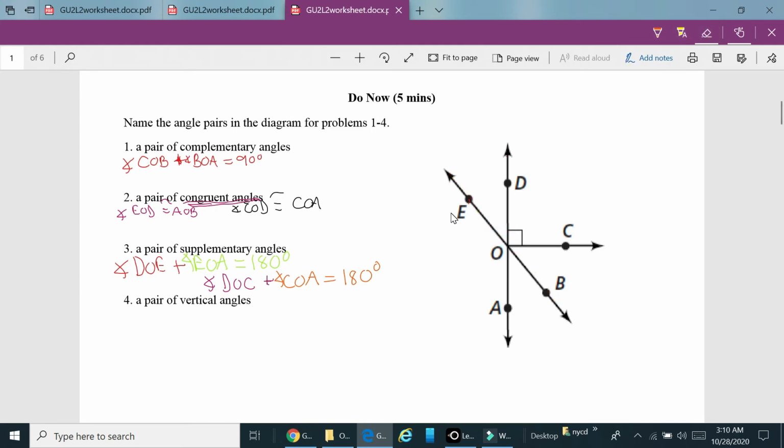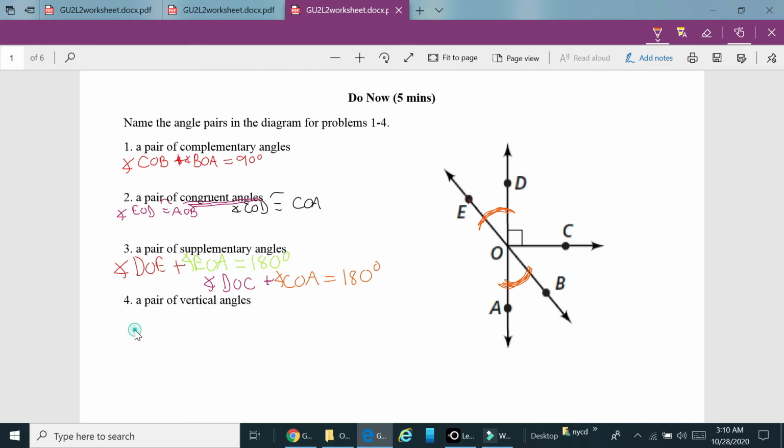Now, a pair of vertical angles. Okay, we did that at the beginning because they were congruent and they're also vertical. So, vertical angles, what's across from each other? So, I'm going to use these. That's the only vertical angles I see here.